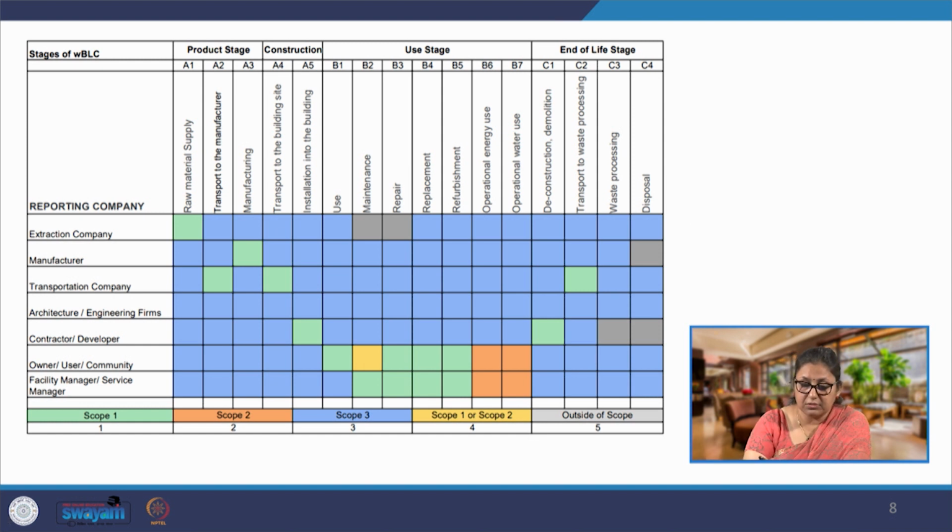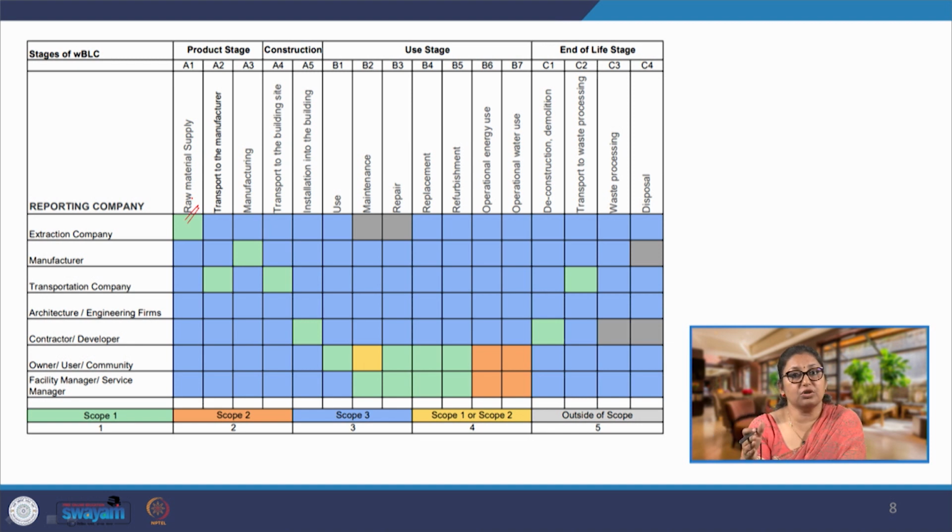Here there is very little mention of scope 2 that you would find, because we are only looking at the stages of the building life cycle. We are not looking at the detailed activities. When this extraction company is supplying raw material, for its own office, for running the machinery, for a lot of different activities, it might be using fuel like electricity.